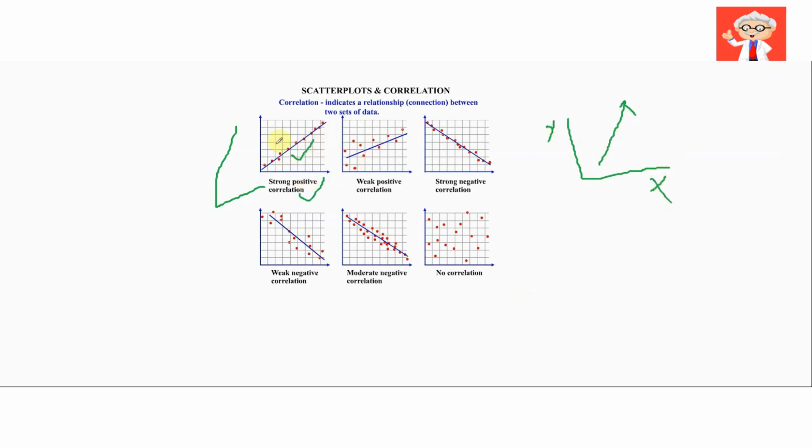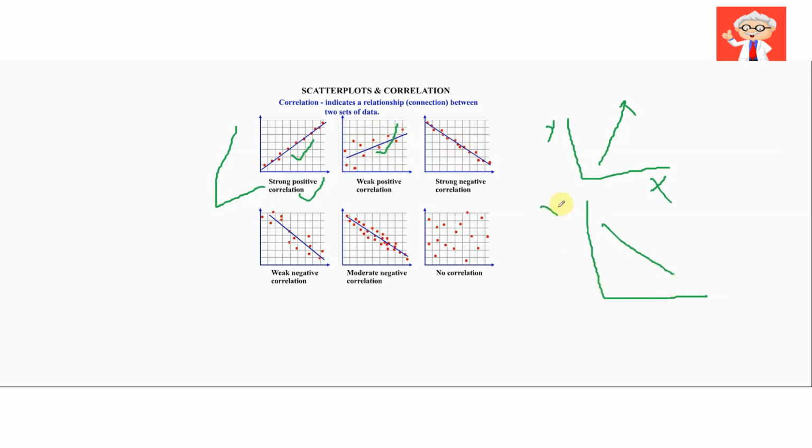So this is a strong positive correlation, and this other line is also upward sloping, but not perfectly upward sloping like the first, so this shows the weak positive correlation. But in the third picture, there is a perfectly straight downward sloping line.